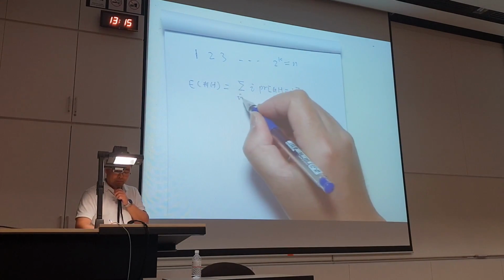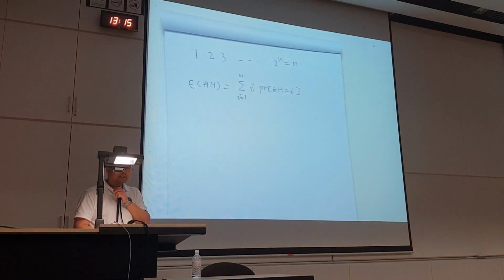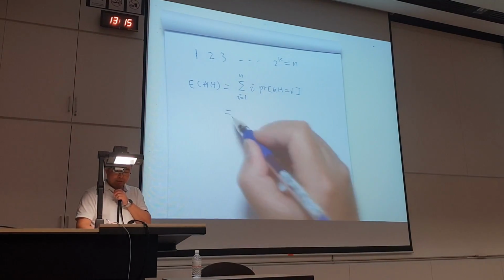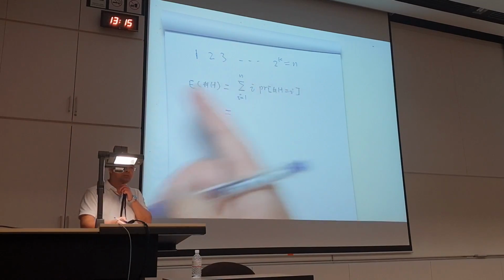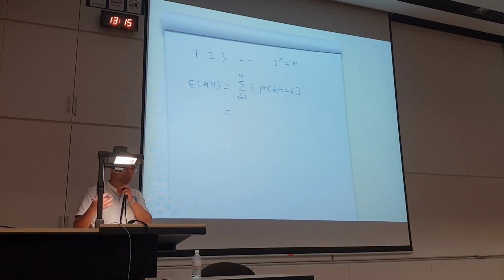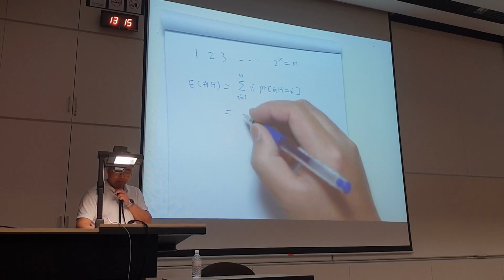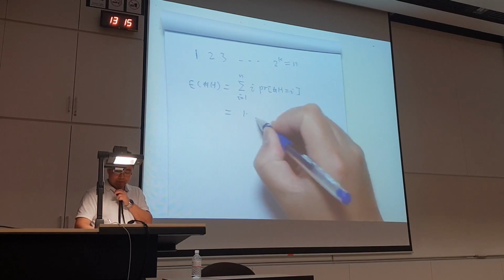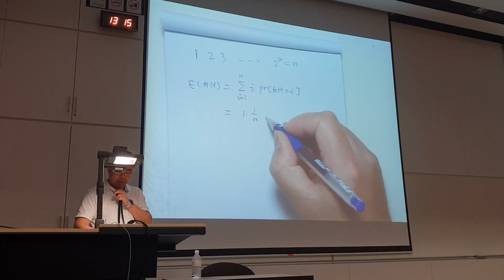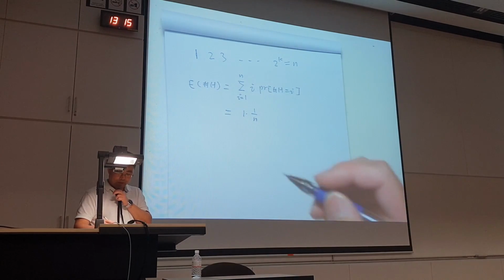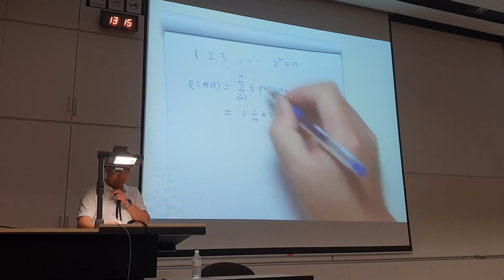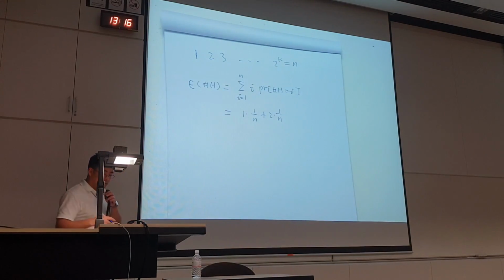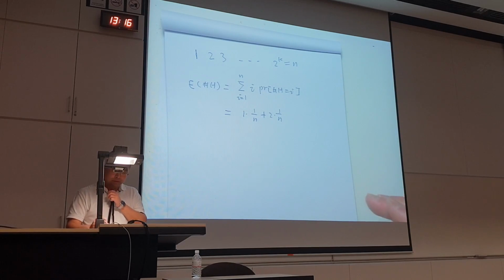All these cases have equal probability. So basically you have 1 times 1 over n plus 2 times 1 over n, and so on, because the probability is the same for all these cases.